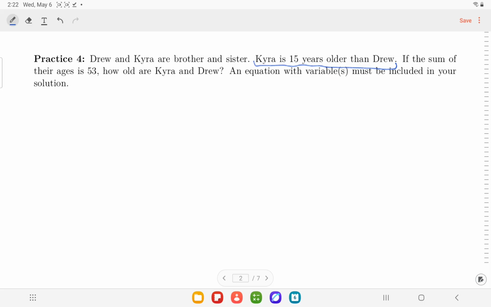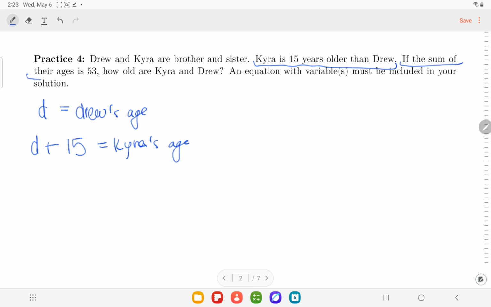So if we say that D is Drew's age, then we know that Kyra's age is Drew's age plus 15. And then the question tells us that the sum of their ages is 53.